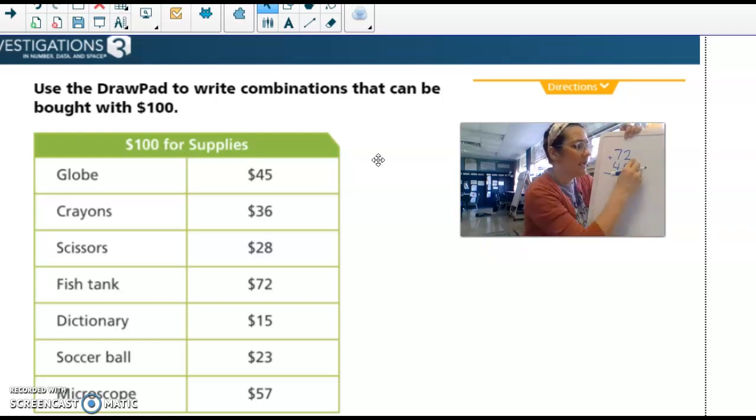So I know I can't get those 2 combinations. Are there any others you see? I also see that if I want that big ticket item of a fish tank, and I want those crayons, 70 plus 30 is 100, but my ones will make me go over my $100 budget.